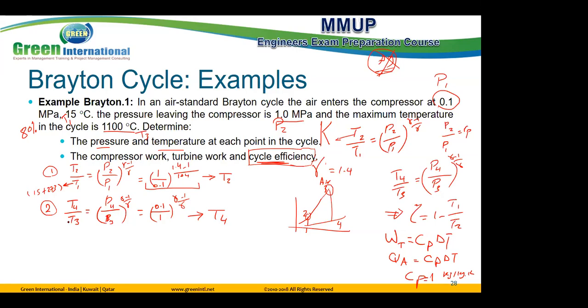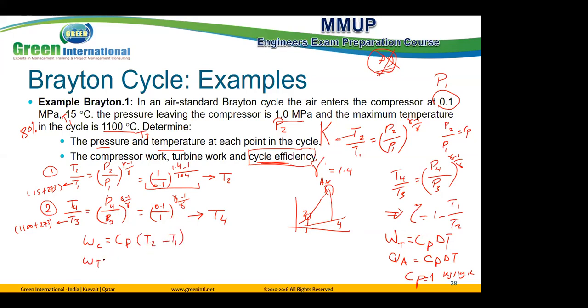Again, don't forget to calculate T3. T3 is 1100 plus 273. Now we have all points of pressure and all points of temperature. Now we can calculate compressor work. Work compressor is equal to Cv delta T, between 1 and 2, this compressor part, so T2 minus T1.